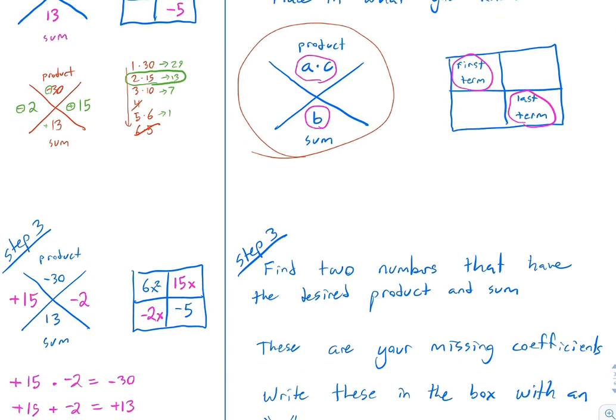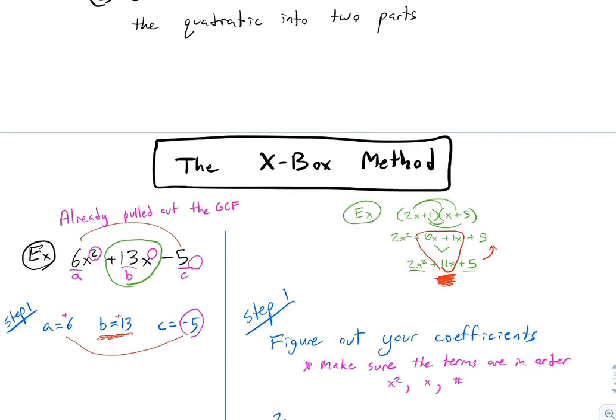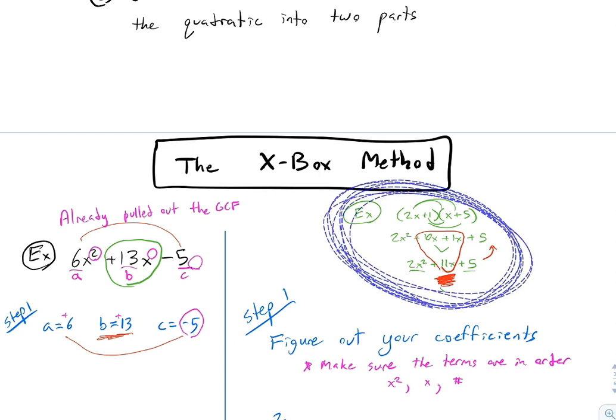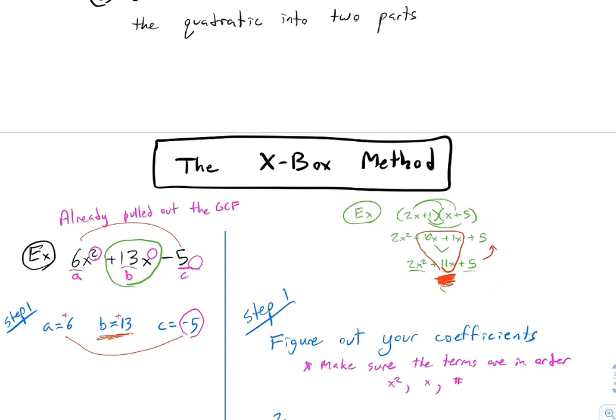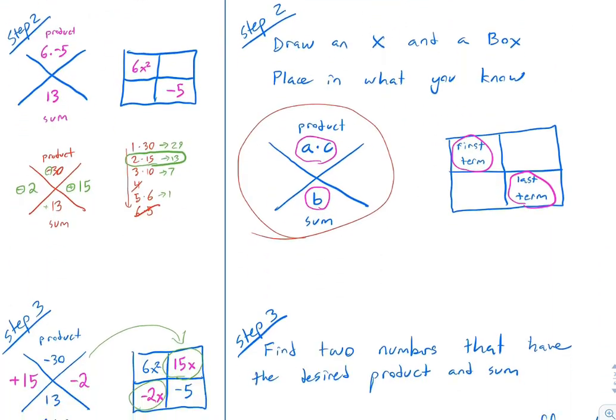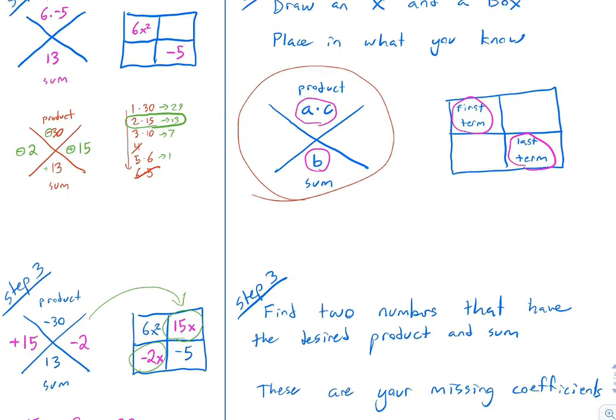Okay, so what I do is I now put those over here in these two boxes with an x next to them, because again, the big picture is saying, what did that middle term start as here, right? That 11x was originally a +10 and a +1. Let's split that back up. Okay, what we've just found is this middle term that was 13x was originally a +15x and a -2x.